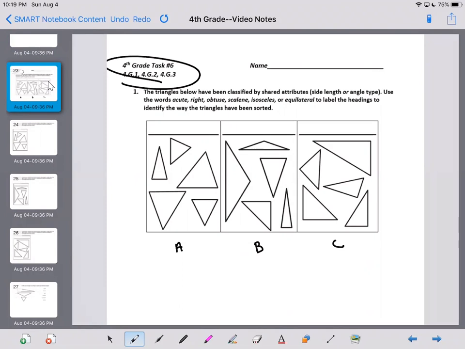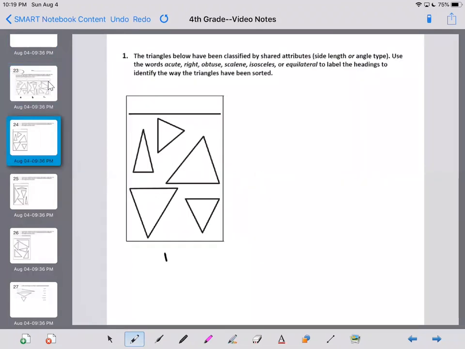So when we look at part A, we're thinking about, all right, how can we give it a heading that makes sense? Thinking about acute, right, obtuse, scalene, isosceles, and equilateral. Just by scanning them, we see that we have triangles. And just by observation, it looks as if this one's equilateral.